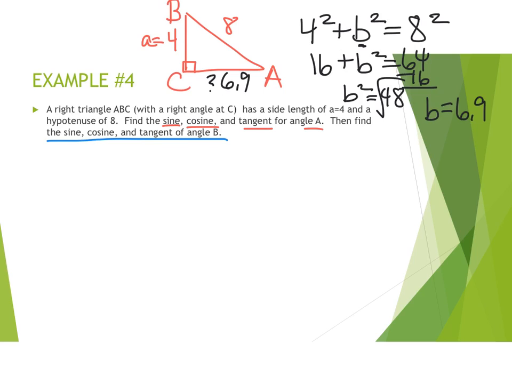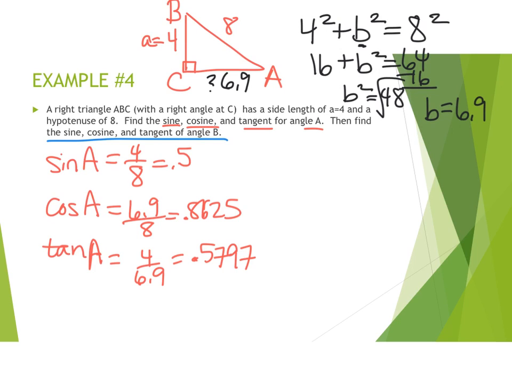Let's go find sine of A, cosine of A, tangent of A. You try to fill them in, O over H, A over H, O over A, and let's see if we have the same thing. I hope you paused and tried to do it yourself. There's my 3 answers.